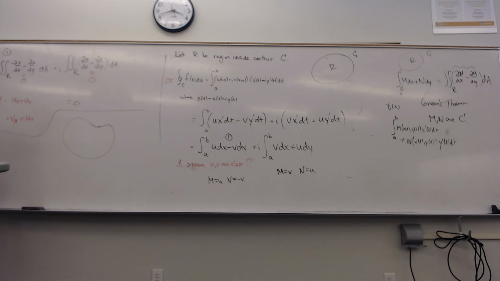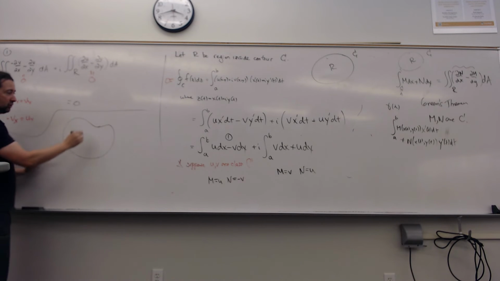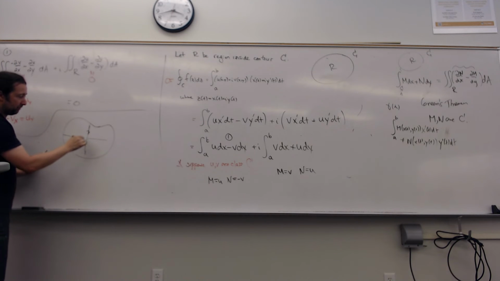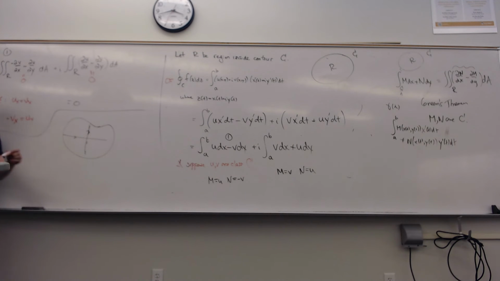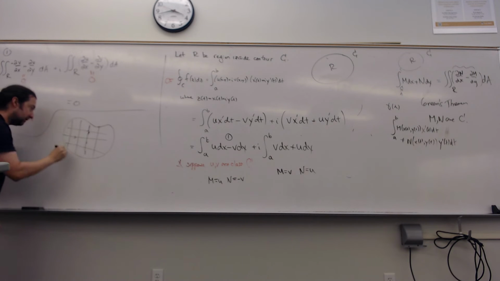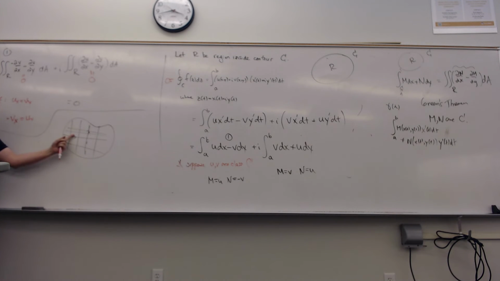If you know the proof of Green's theorem, it chops the region up into rectangles, and then builds a consistent orientation through the rectangles so that you're rotating around them in a circulation way. It's the same proof as the divergence theorem or the curl theorem from vector calculus. You subdivide and subdivide, and if you can prove it's 0 in every rectangle, then you can add them all together and get that it's 0 everywhere. So it's a long, involved proof.